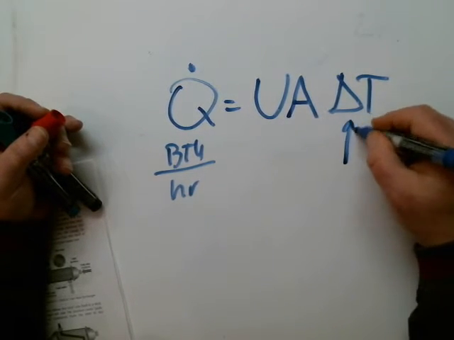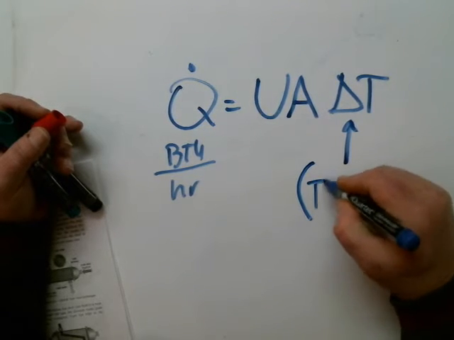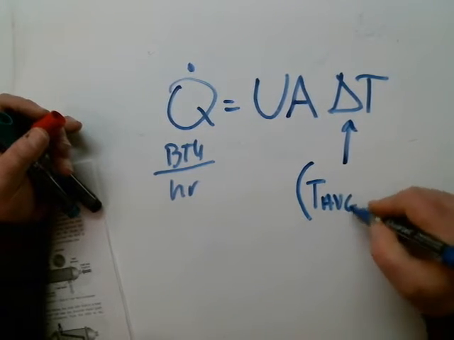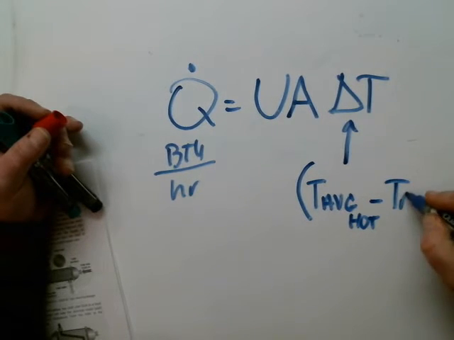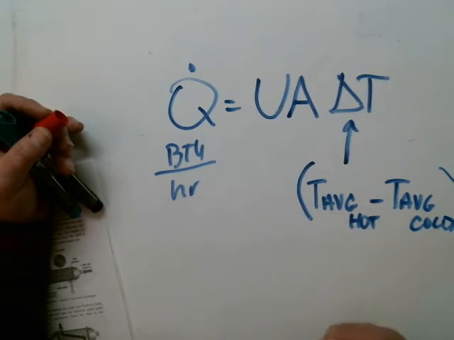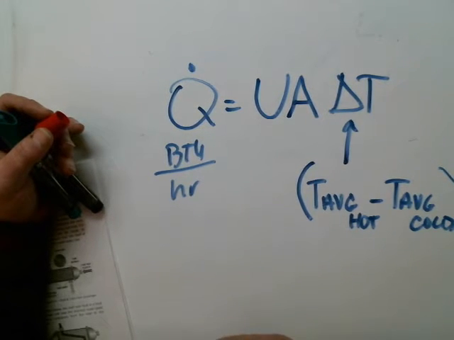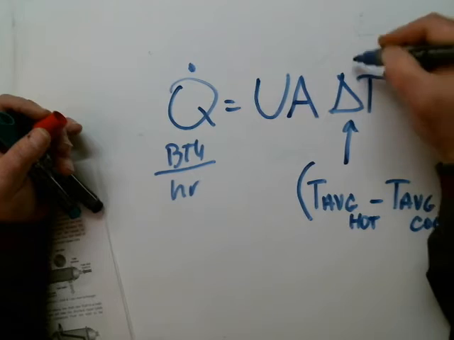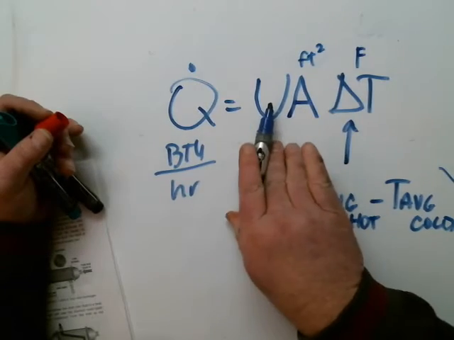What's most commonly messed up is this differential temperature. This differential temperature is the average temperature of the hot fluid minus the average temperature of the cold fluid. That's going to be key in using this equation. And once again, we can figure out what the unit for heat transfer coefficient is, because this is Fahrenheit and this is going to be square feet, and we need to get BTUs per hour.